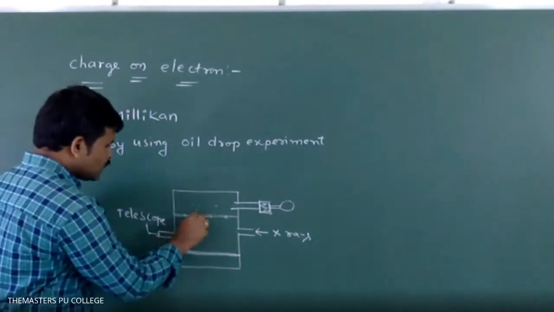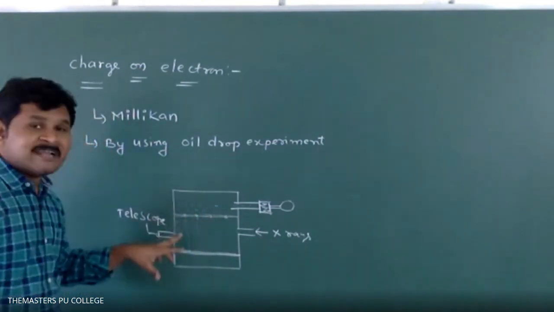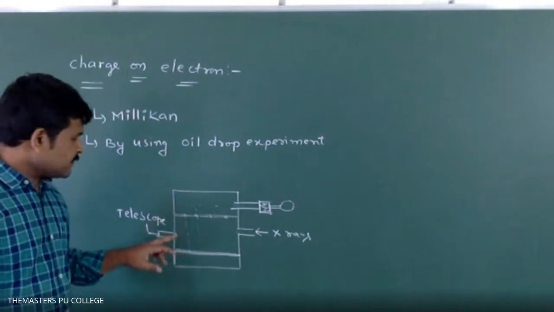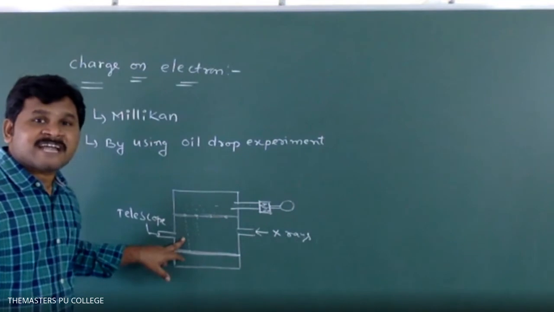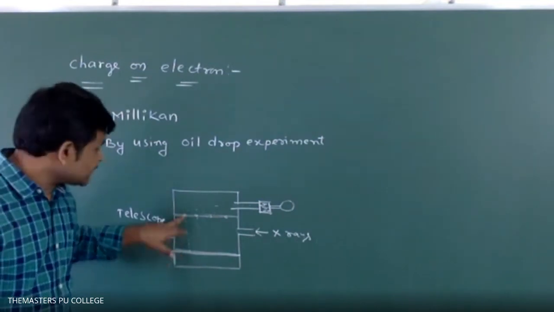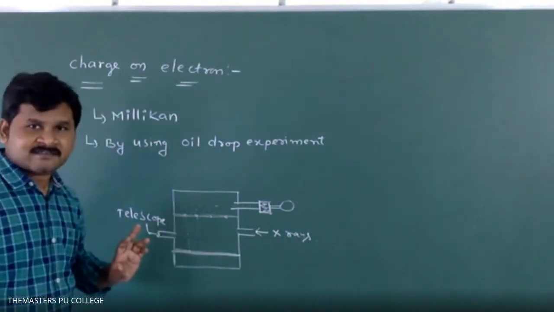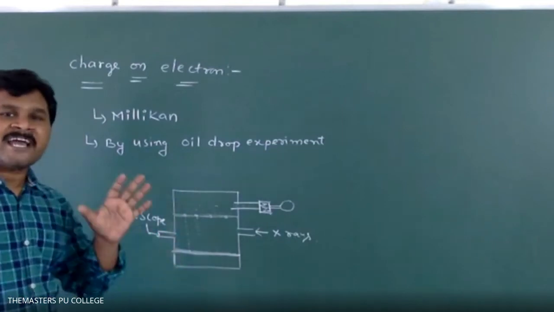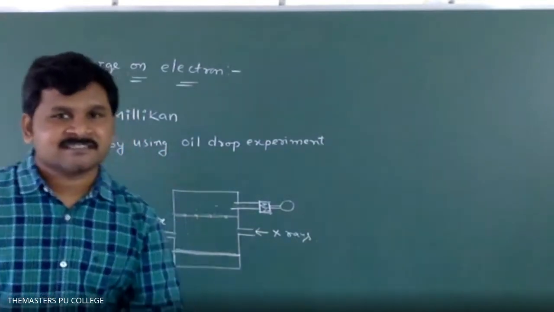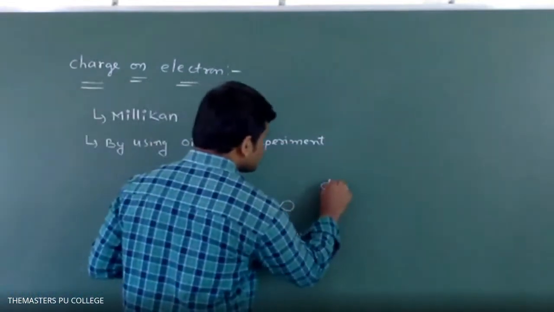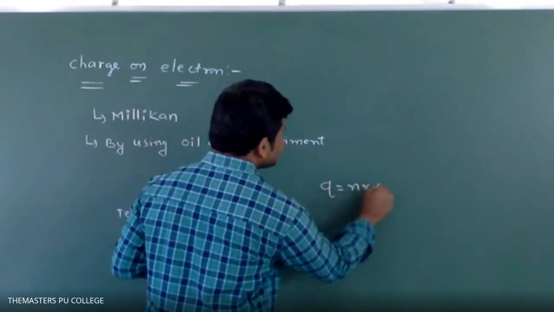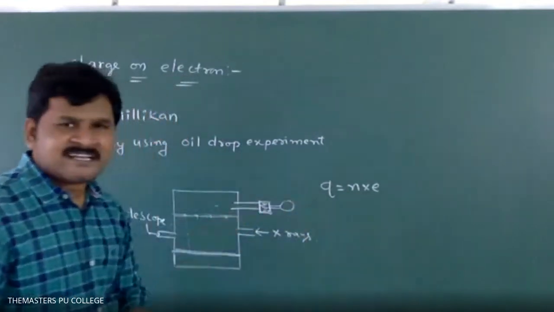By carefully measuring the gravitational force as well as the electrostatic force of attraction of these oil droplets, we can calculate its charge. The charge of the electron we can calculate by using this formula: Q is equal to N into E. What is Q?